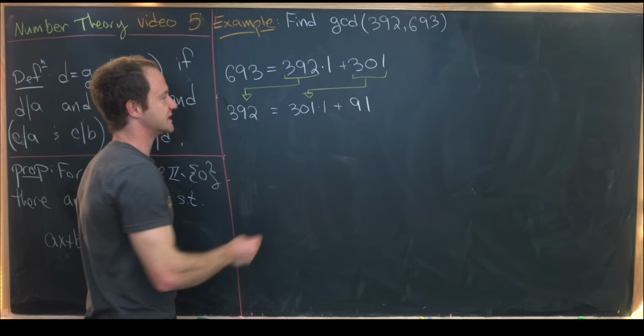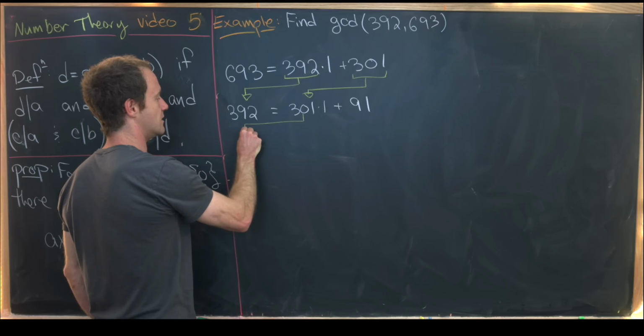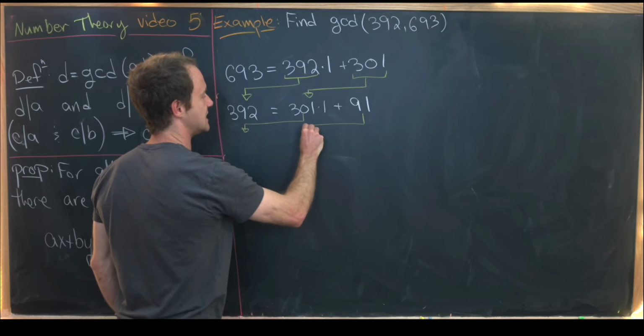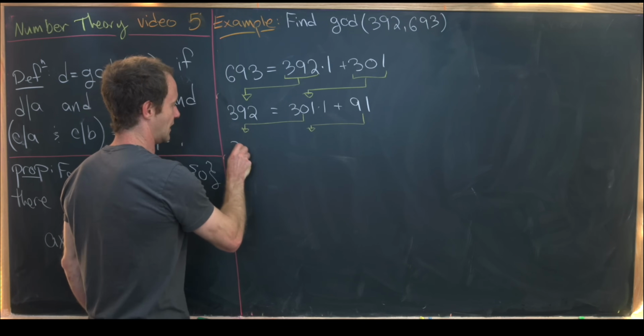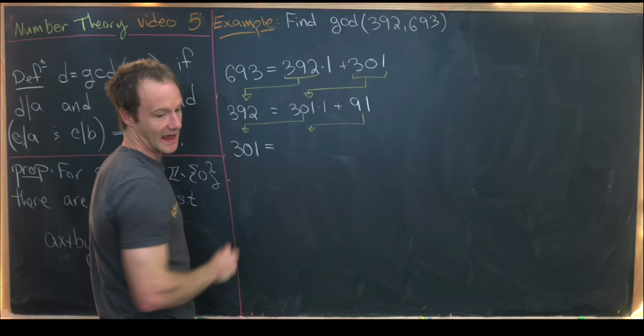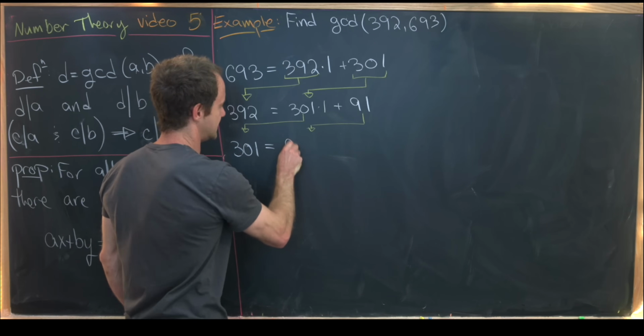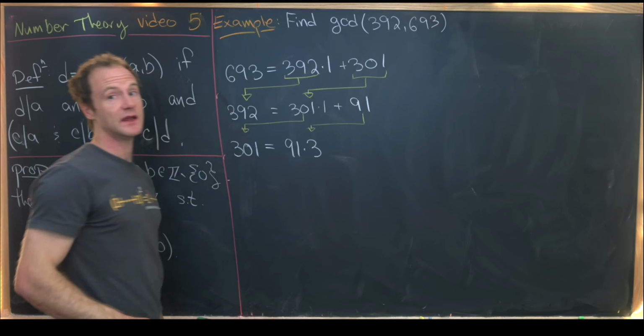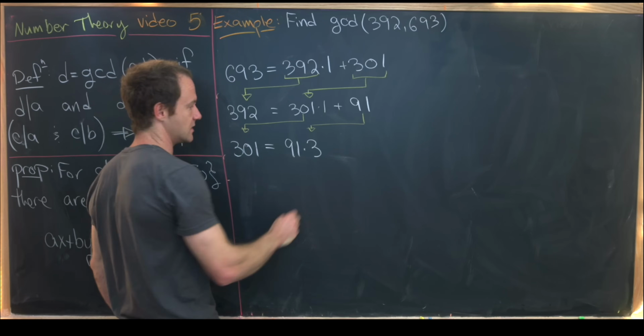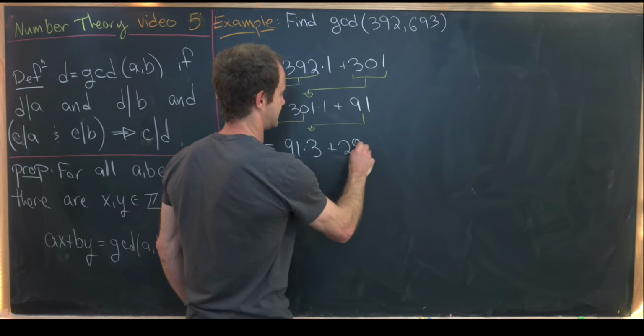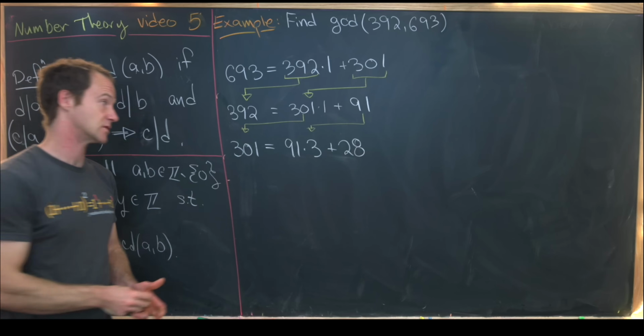And now we continue this process. So 301 moves over here, 91 moves over here, and we need to write 301 as, let's see, it's 91 times 3, and now our remainder is 28. Okay, so keep going.